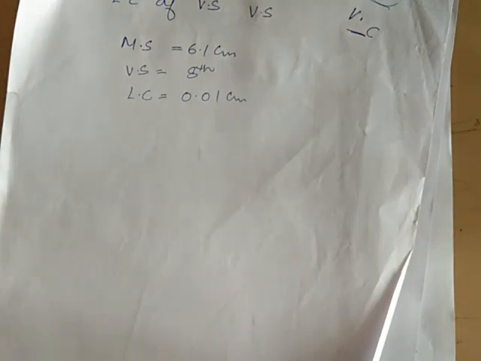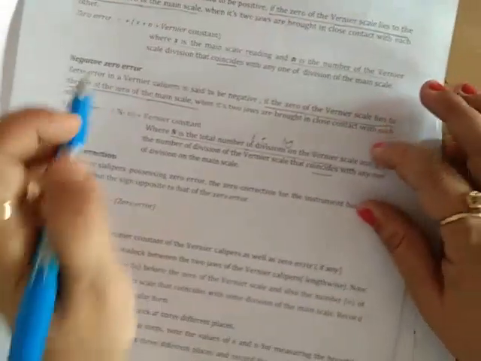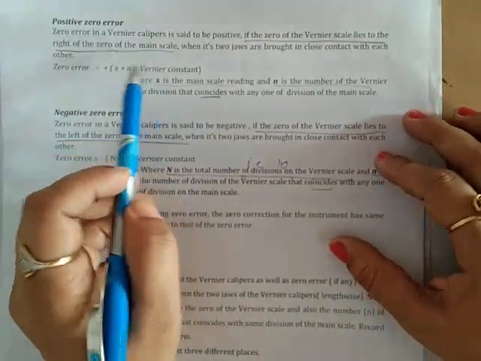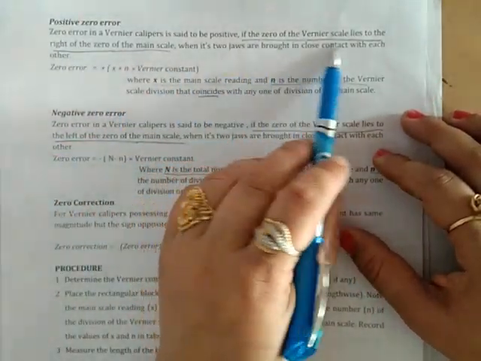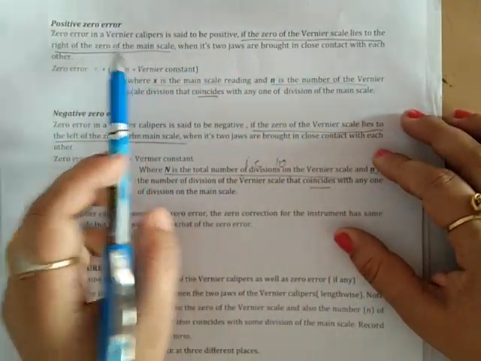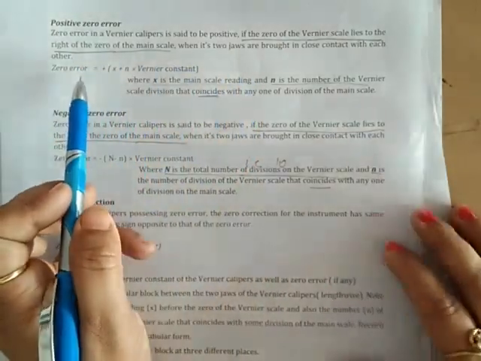How can we correct these errors? If a positive error is there, that is, if the 0 of the vernier scale lies right of the 0, then positive 0 error, how can we correct it?